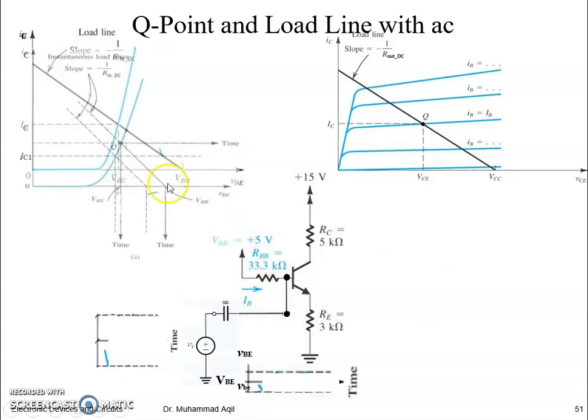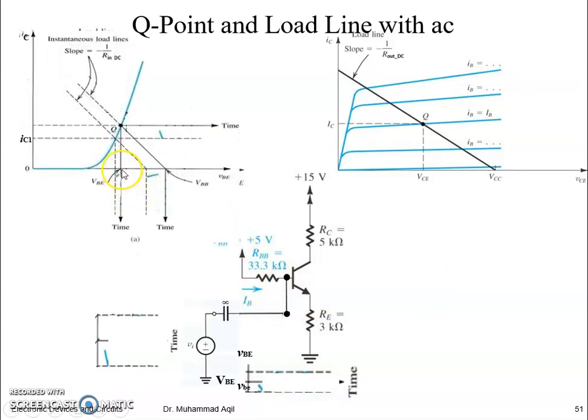It means this DC VBE has been shifted when added with the AC VBE to make a total VBE here. Thus the IC, which was at DC IC, now becomes total IC at this moment. It means at this point the VBE is forcing the IC to be this one. So the IC is decreasing when we apply Vi and its negative phase is coming.